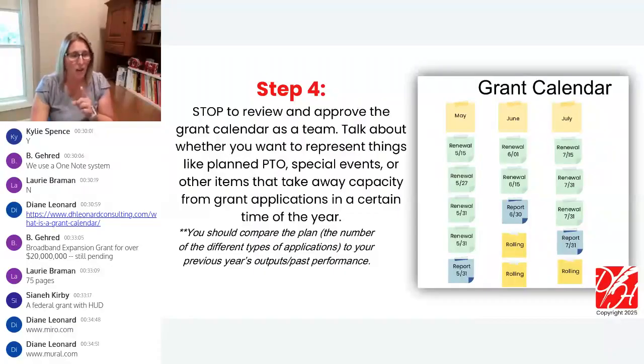We're going to talk about how we will estimate this in just a moment, and I'm going to actually teach you some ideas about this. But we need to understand that a one-page application probably isn't going to take as much effort from you and or the entire organization as, say, the 75-page grant application that we saw mentioned in the public chat.